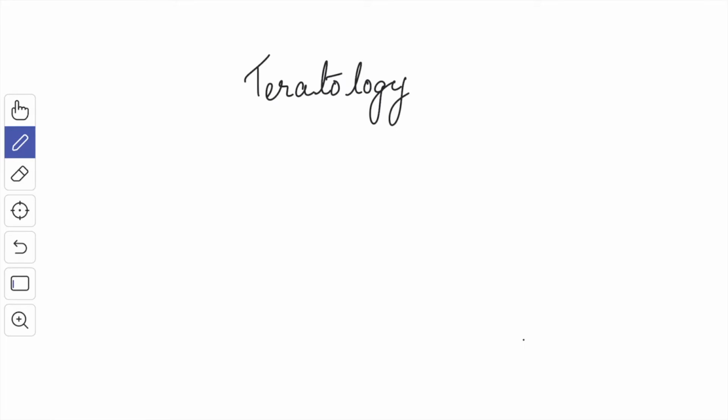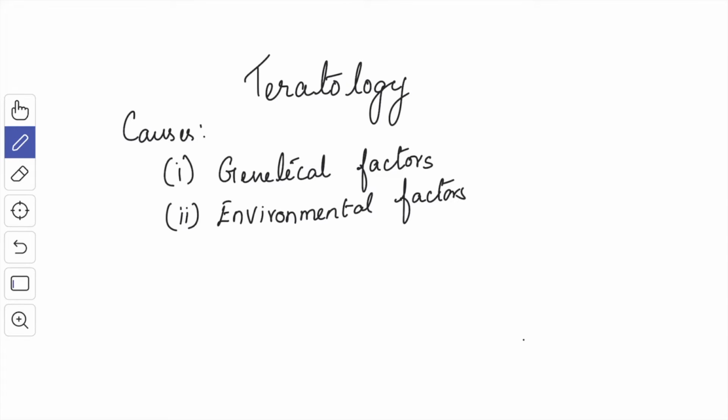It is estimated that about 10% of the abnormalities are caused by genetical and chromosomal disorders and 10% due to environmental factors, and the rest are produced by the complex interaction of both genes and the environment. The causes of teratology fall under two major groups. One is the genetical factor, the other one is the environmental factor. First, we'll see about the genetical factor.